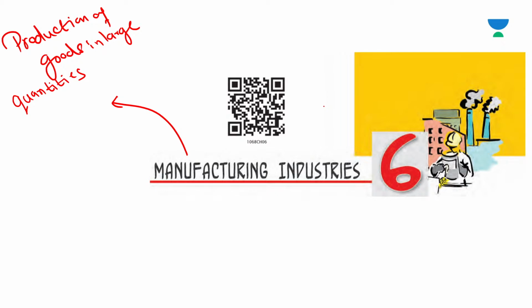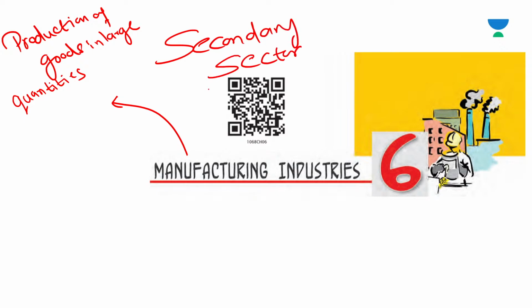The workers employed in steel factories, cars, beverages, textile industries, bakeries fall into this category. Some people are employed in providing services. Now we are mainly concerned with the manufacturing industries in this chapter, which fall in the secondary sector.